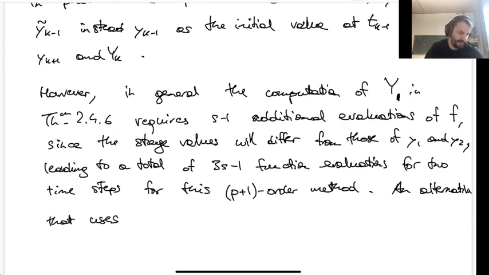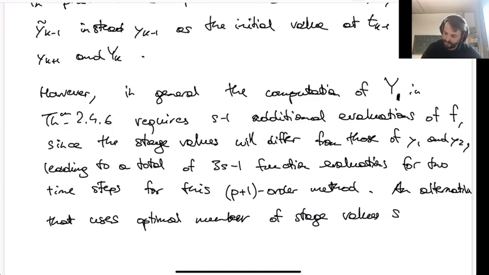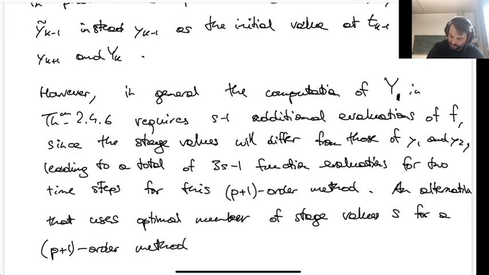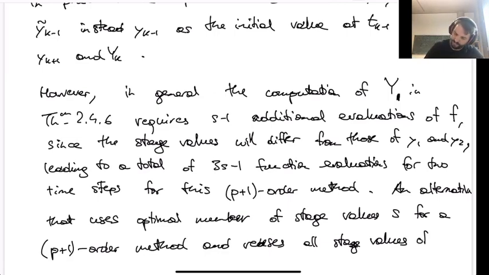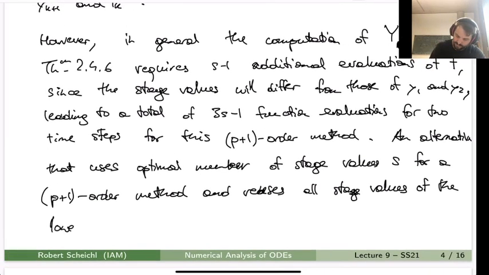Remember the Butcher barriers, that uses the optimal number of stage values s for a p plus 1 order method and reuses all stage values of the lower order method, will be discussed now.